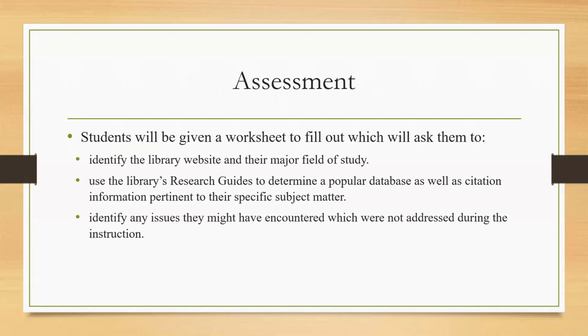The worksheet will ask them to identify the library website and their major field of study, use the library's research guides to determine a popular database, as well as citation information pertinent to their specific subject matter. So they'll just need to name one database and the citation style that they would be expected to use.